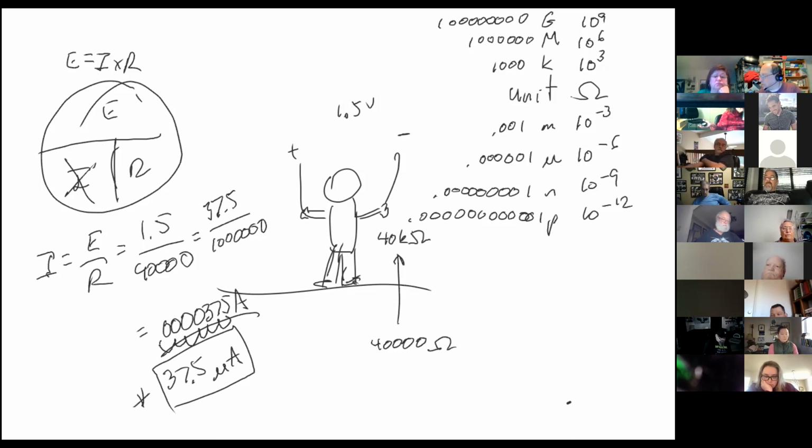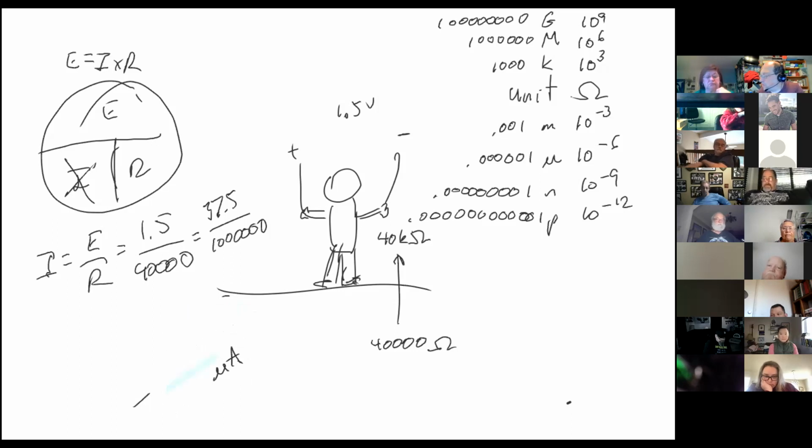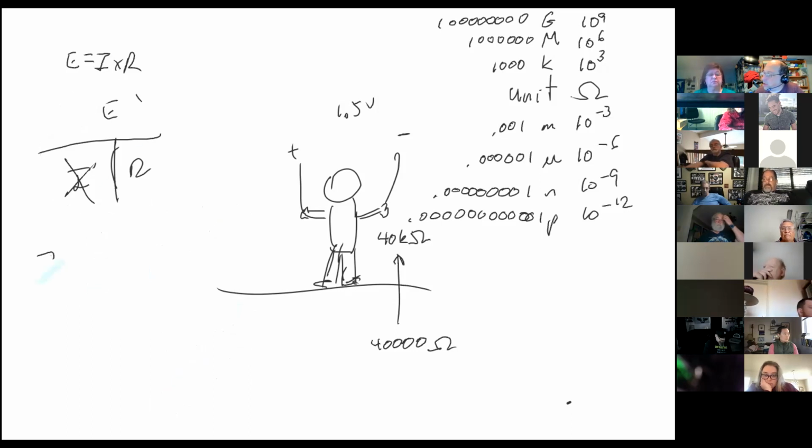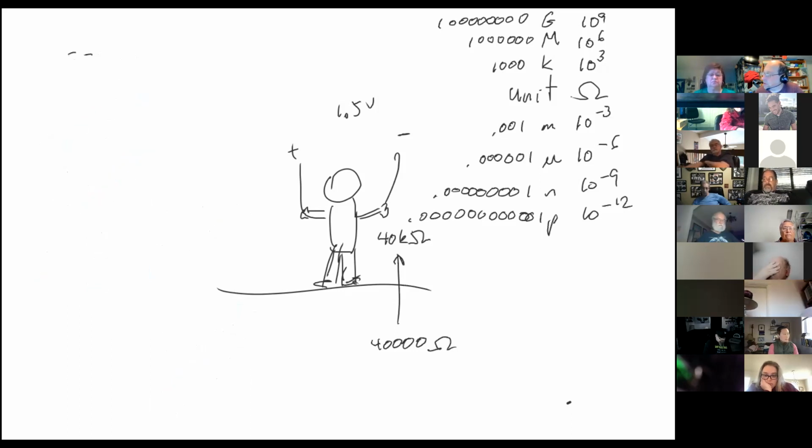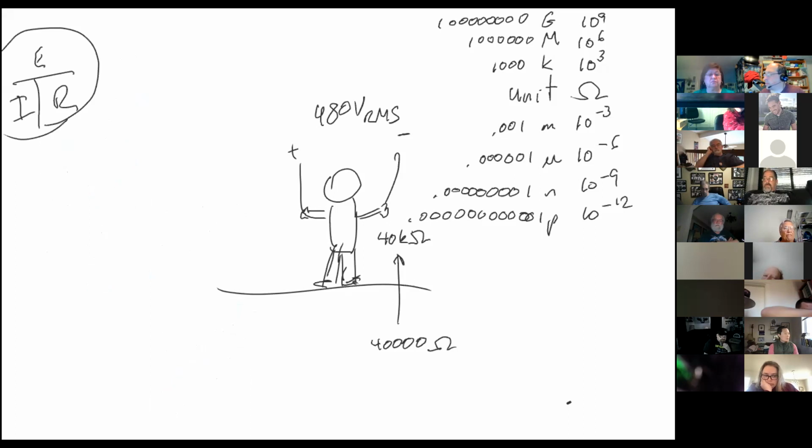But now let us take this and let us put me in the workplace and say that I'm stupid enough to be working on something and I see 2 lines of voltage that I'm working on and they are 480 volts RMS. Okay, so 480 volts RMS. We're going to do the same equation, E, I, R. Again, we don't know our current.